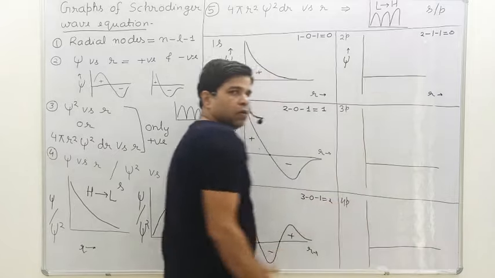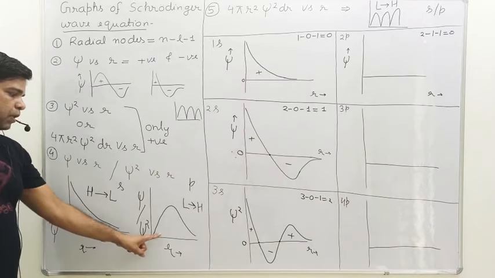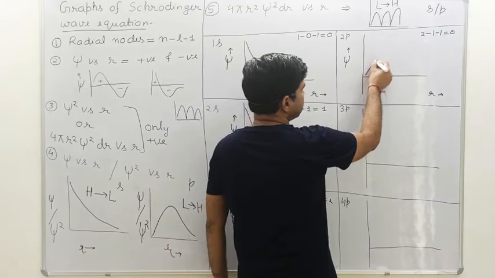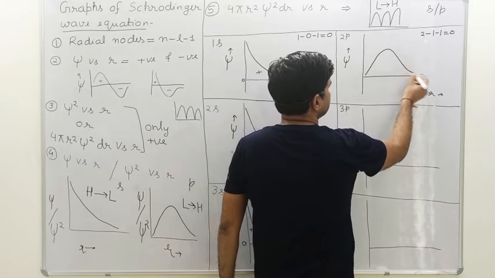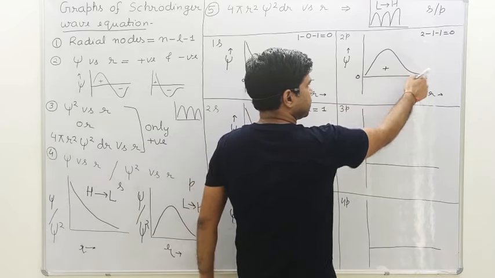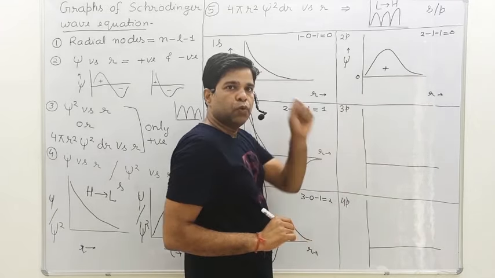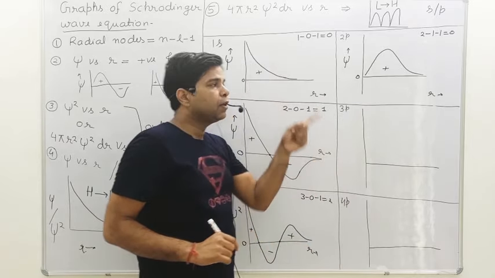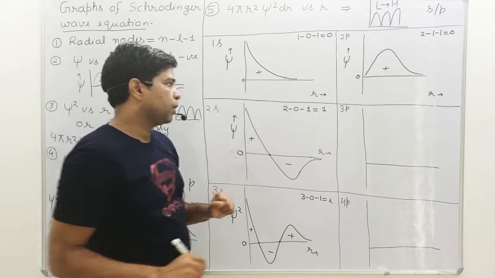So you should start the graph of the p from lower to higher, but you cannot make it 0, because if you touch this graph to the line of 0, you are saying that at that point you have a radial node, but there is no radial node present in the 2p orbital.